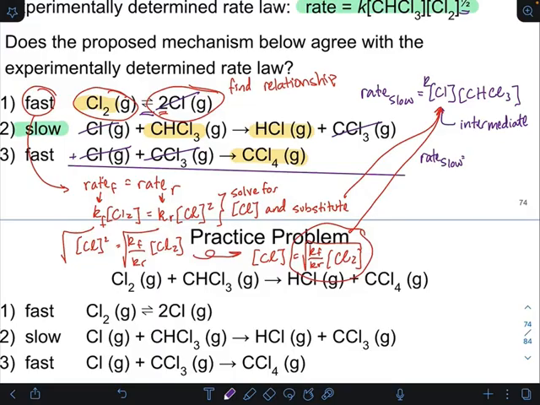Sorry, I forgot a K here: K, square root Kf over Kr, concentration Cl2, times CHCl3, which I do not have space for. Sorry. Okay, let me just rewrite that.